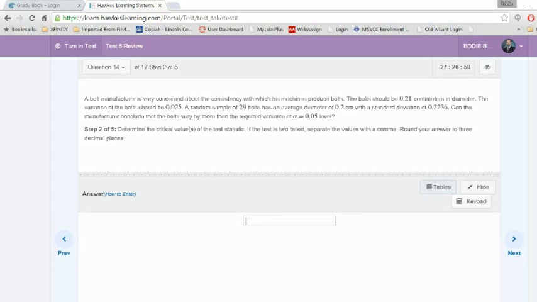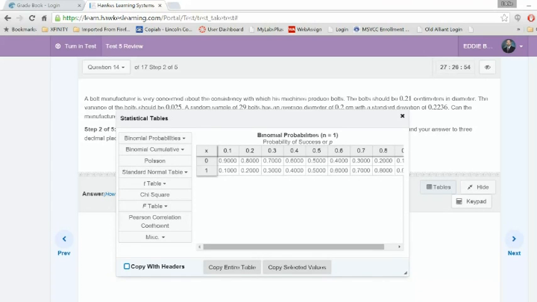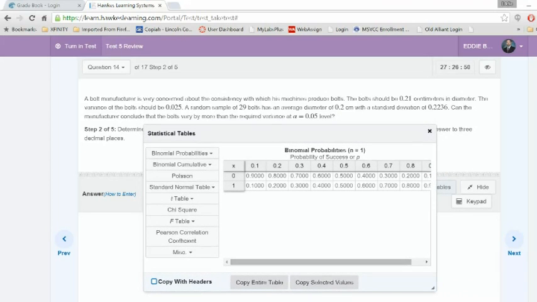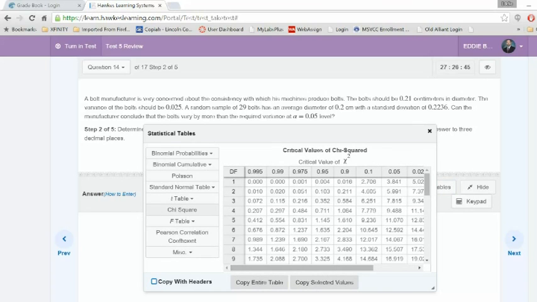We do need to know what our level is here. Alpha equals 0.05. All right, so here's the chi-square table. Remember, what was our n? Our n was 29. So the degrees of freedom, the df, is going to be 28, since degrees of freedom is n minus 1.